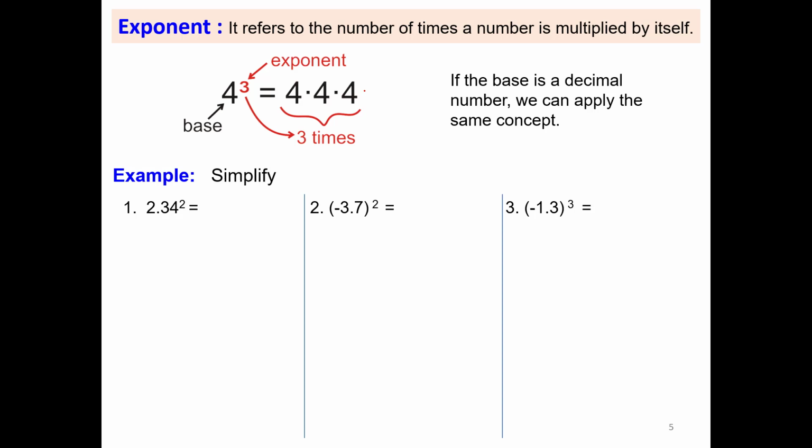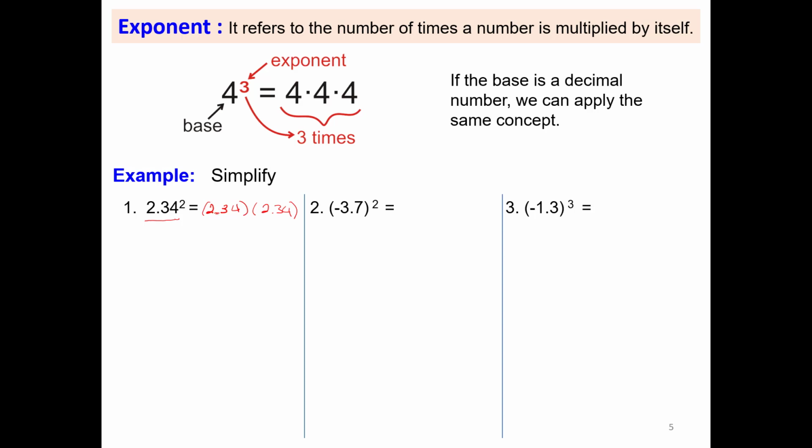This indicates we need to multiply the base, 2.34, twice, because it's to the second power. The problem is now like this one: 2.34 times 2.34.